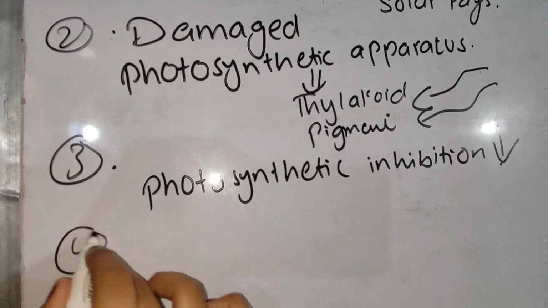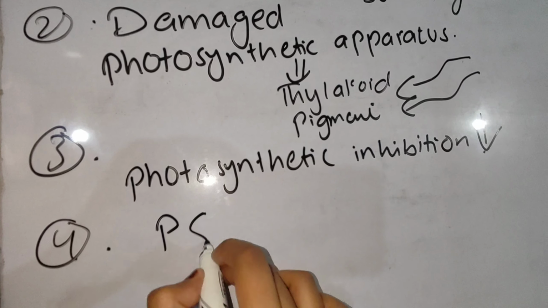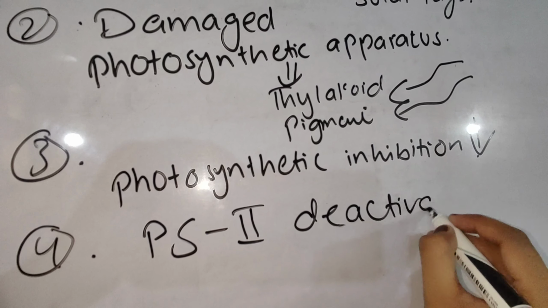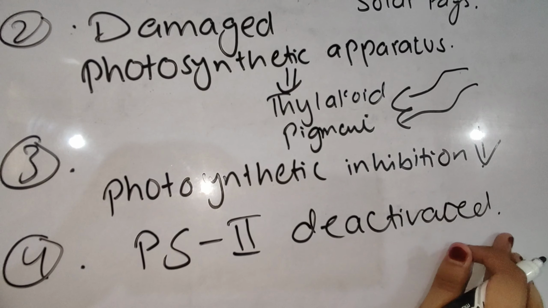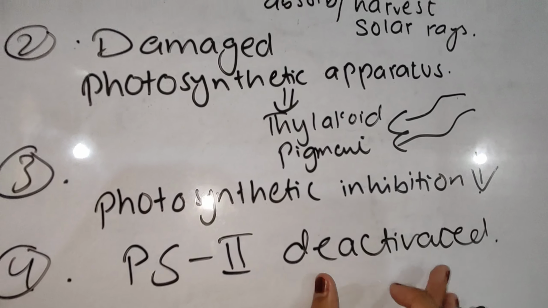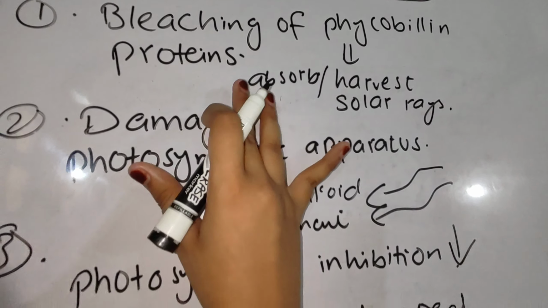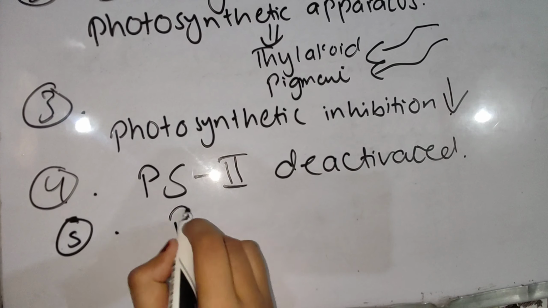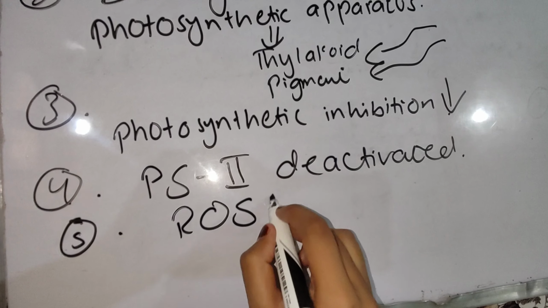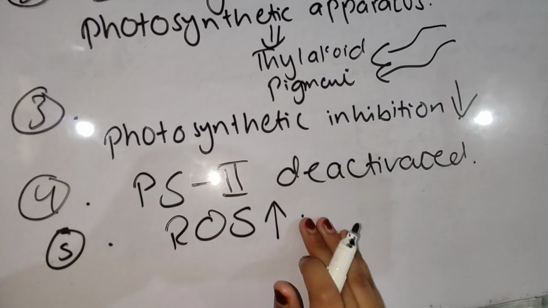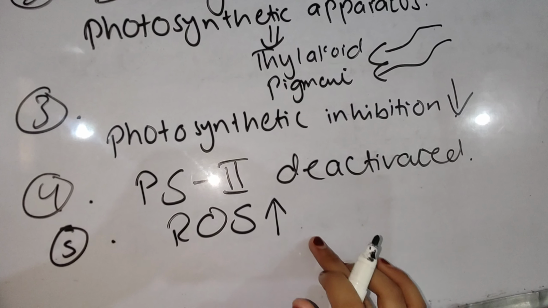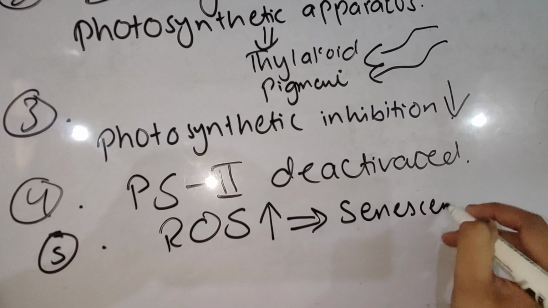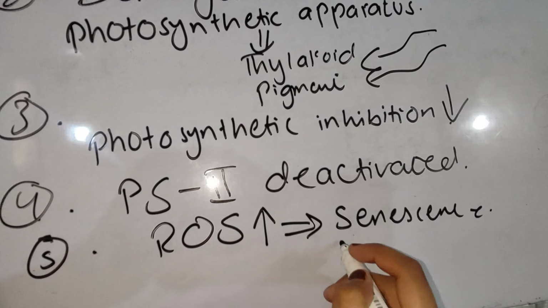The fourth point is also correlated: photosystem 2 is also deactivated. Photosystem 2 is activated with the help of pigments, and when some pigments are lost, there is no photosystem 2 activation. And the last point is ROS generation. ROS is reactive oxygen species that leads to senescence and over-ripening, and that produces oxidative damage.